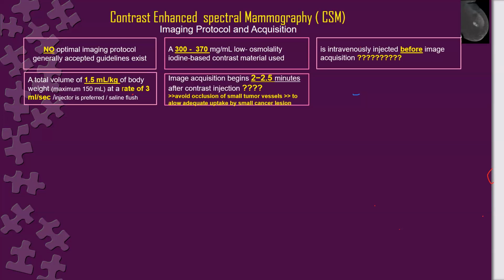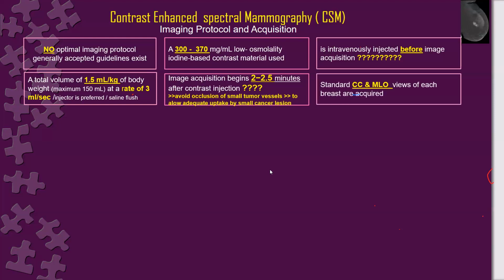If we do it immediately, we might... we give this time to avoid occlusion of small vessels and to allow adequate uptake by the small breast cancer. So as not to prevent the passage of contrast into the small neovascularity of small cancers, as it might give false negative results.